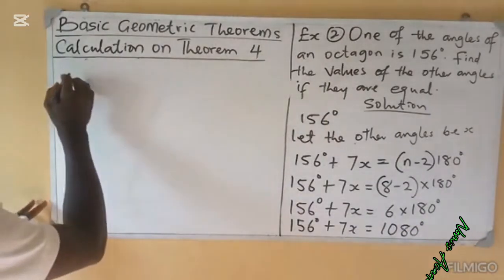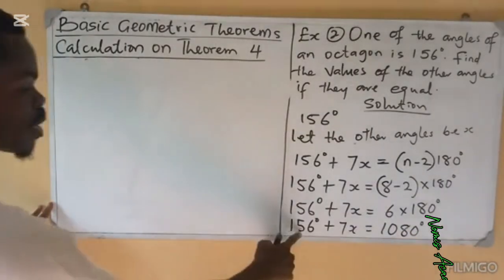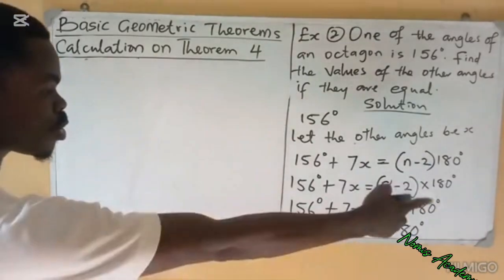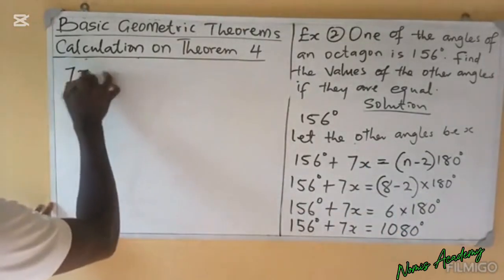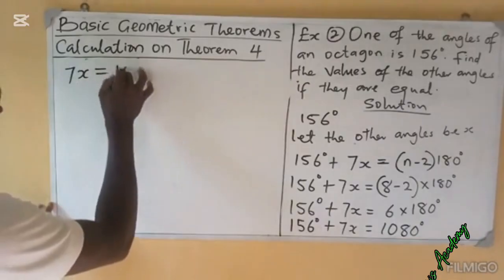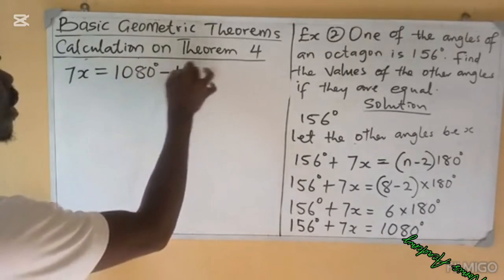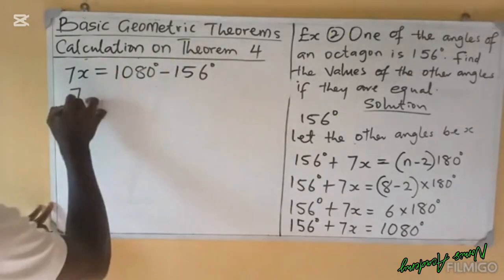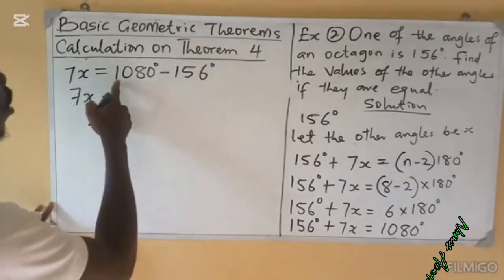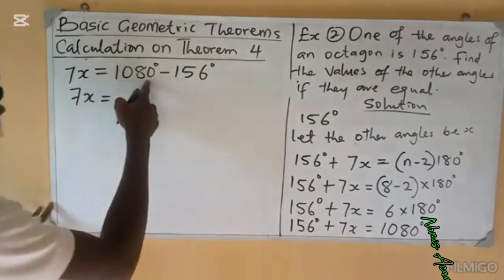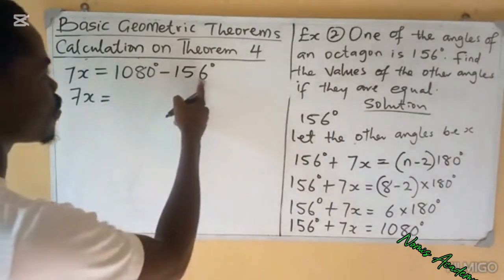Okay, let's move to the other side. We move 156 to the other side, it becomes 7x equal to 1080 degrees minus 156 degrees. So 7x is equal to 1080 minus 156.